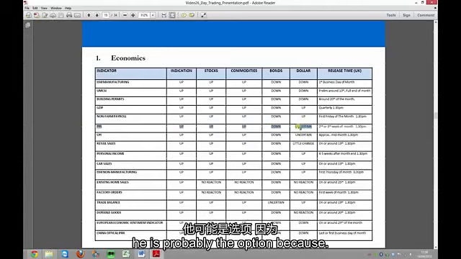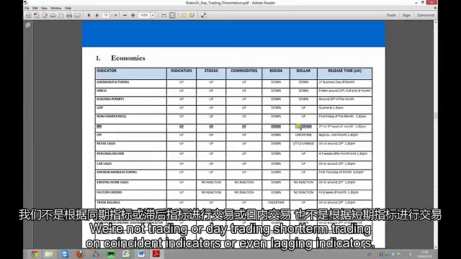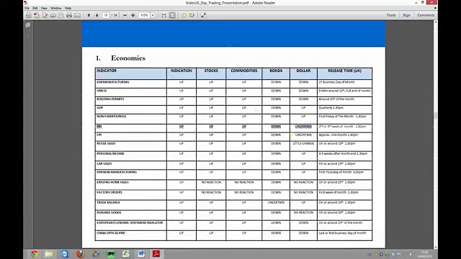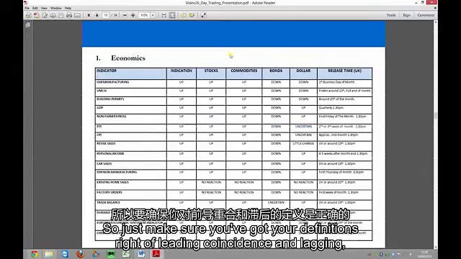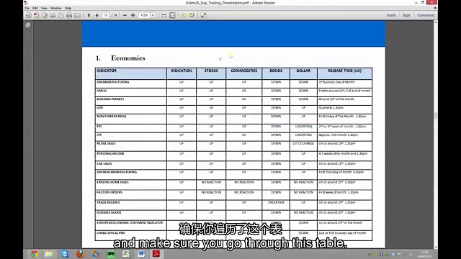non-participation is probably the option, because we're not trading or day trading, short-term trading on coincident indicators or even lagging indicators. So just make sure you've got your definitions right of leading, coincident and lagging, and make sure you go through this table.